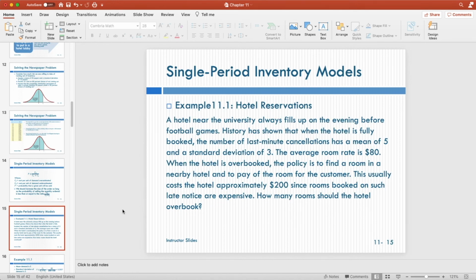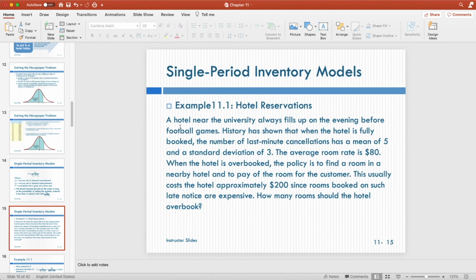Now let's use a quick example, an application example from the textbook to illustrate the single period inventory model. This is example 11.1. This hotel near the university always fills up on the evening before football games, and history has shown that when the hotel is fully booked, the number of last minute cancellations has a mean of 5 and a standard deviation of 3.